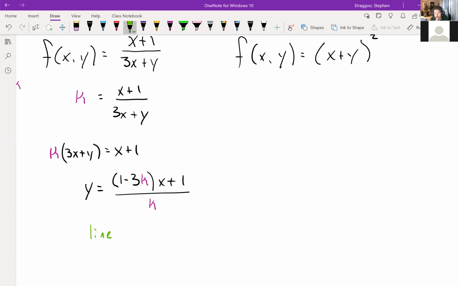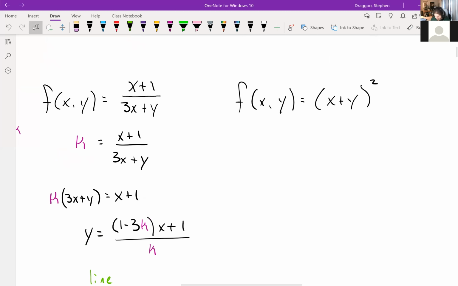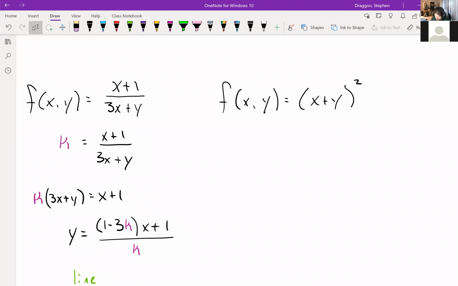Plus 1 over k, that's also just a constant. And so I get that it's a line. A lot of these actually simplify nicely to become lines. I think this other one's going to do the same thing. So I don't need to worry about the fact that x and y look complicated at the beginning. It's just about what I can solve it to later.